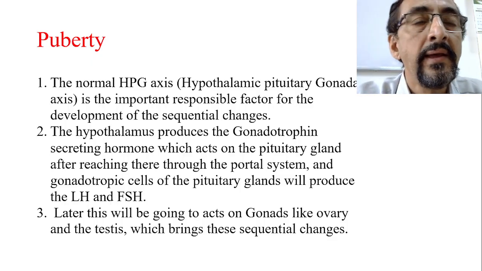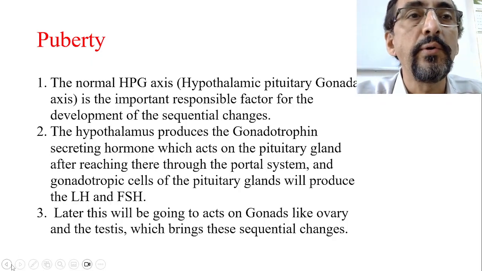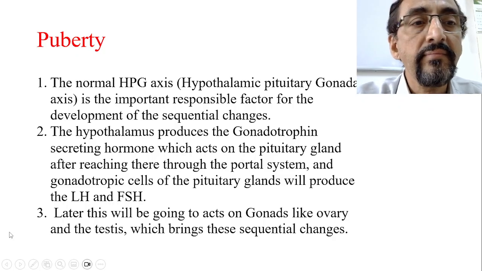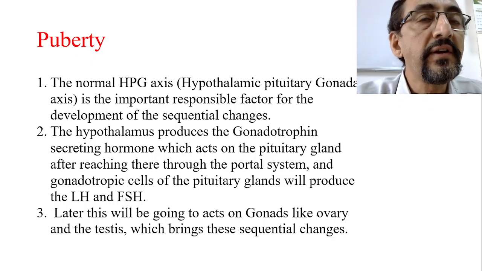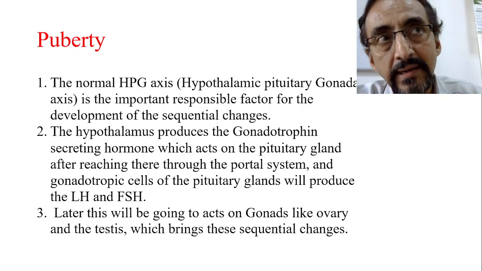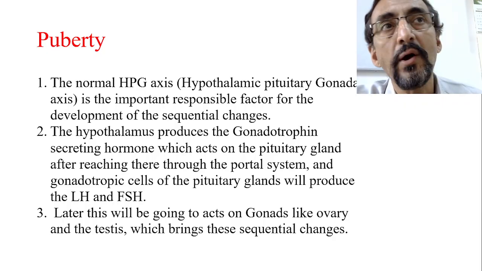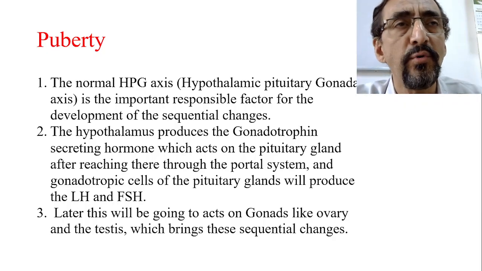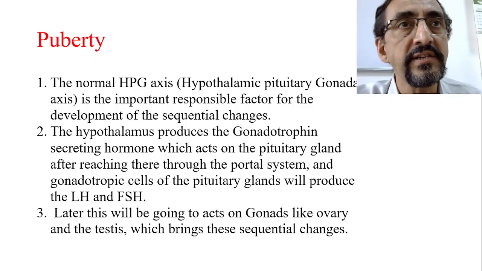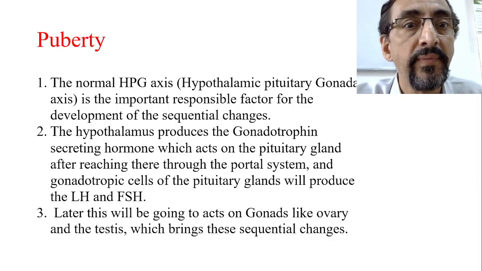Let us see. The hypothalamus, we know, produces the gonadotropin releasing hormone. Later it comes to the pituitary gland and is stored there. How does it reach the pituitary gland? There is a small portal system. Through that portal system, these secretions produced from the hypothalamus enter the pituitary gland and are stored there.